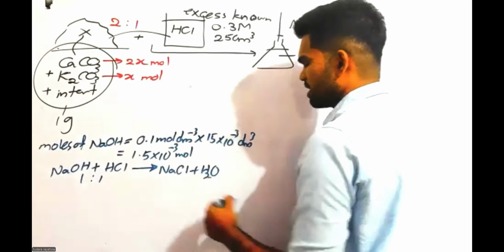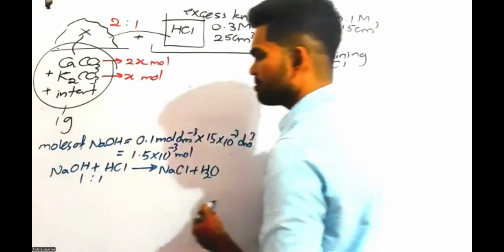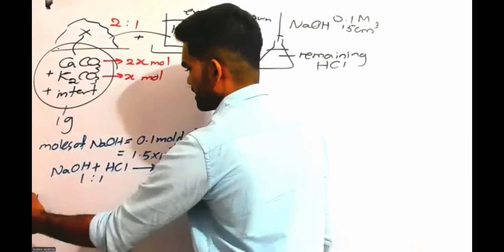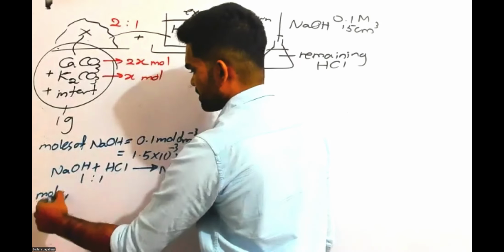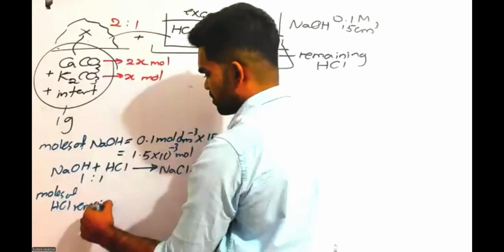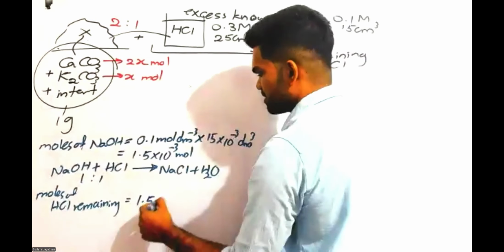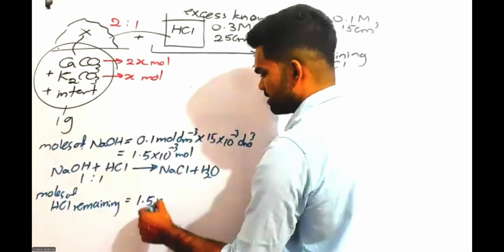This is the reaction. If it is an essay question, you need to give this reaction also. Then you will be having some marks for that. So we can see now moles of HCl remaining, the same value since it is 1:1, 1.5 into 10 to the power minus 3 moles.